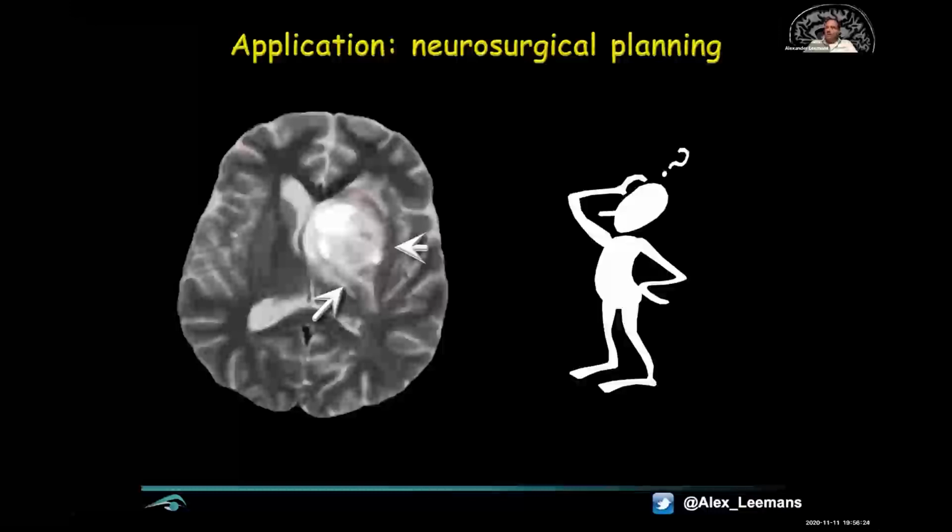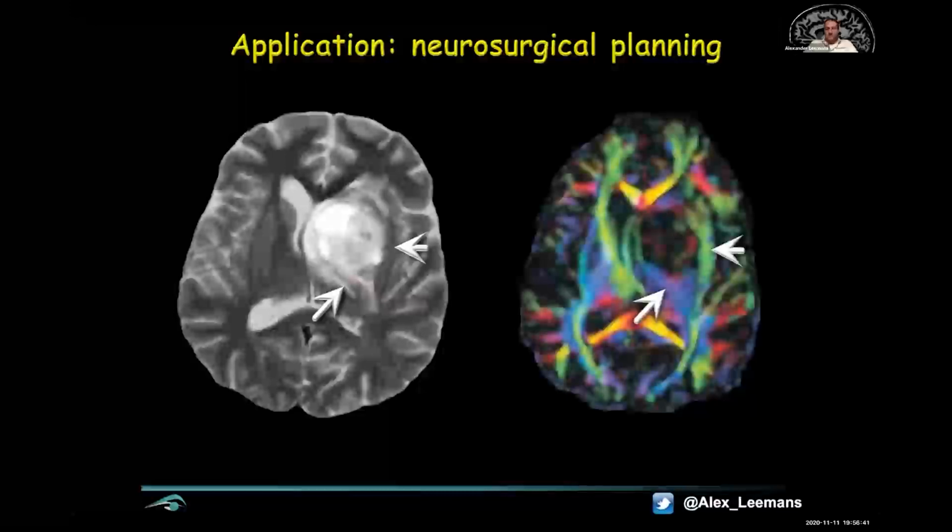Another application is what I would call day-to-day clinical care. If there's a patient with a brain tumor, and the neurosurgeon wants to dissect it, they need to come up with a plan. Within this neurosurgical planning, diffusion MRI can be useful because it can provide information about the underlying or adjacent white matter.